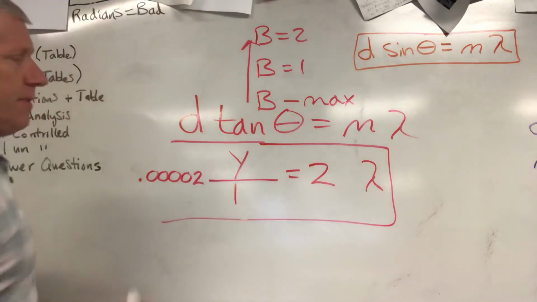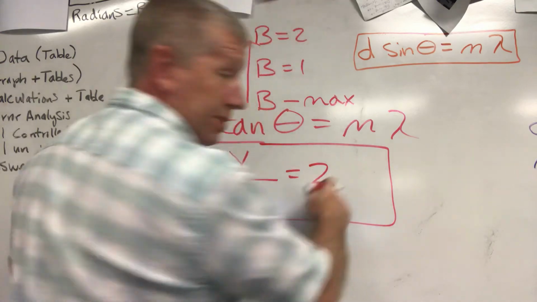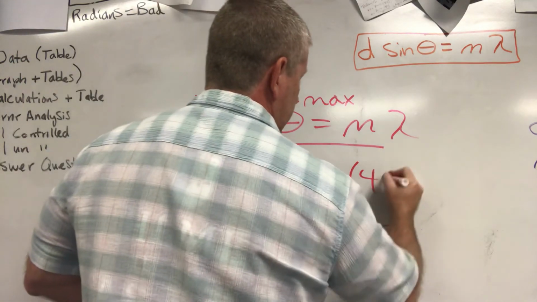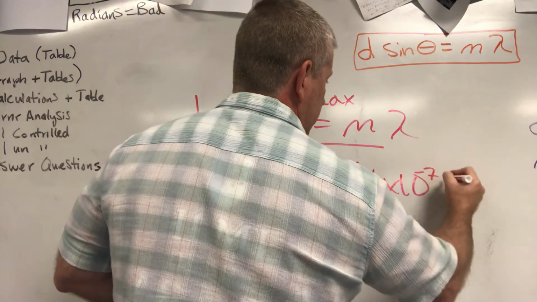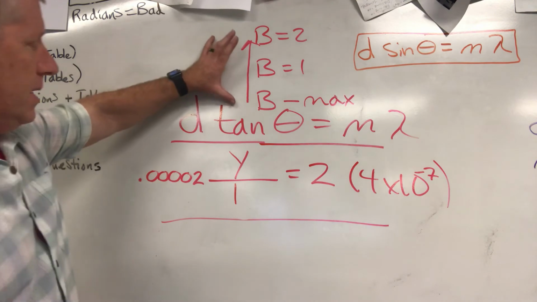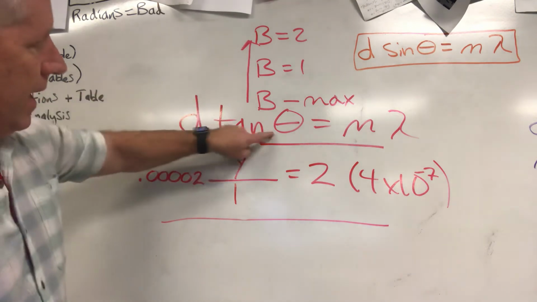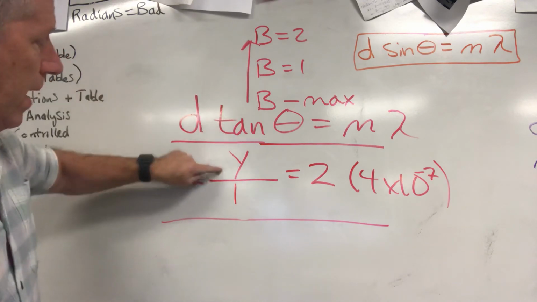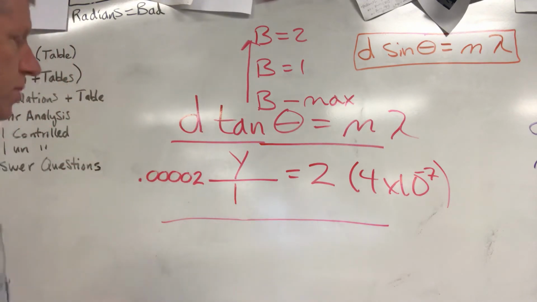And you know the wavelength of light you're using? You have to, otherwise you have 2 unknowns here. So the wavelength of light is maybe 4 times 10 to the -7th. It's in the visible range. So now you can figure out that distance using the idea that tangent is equal to the opposite side, which is y, over the adjacent side, which was L, which was 1.